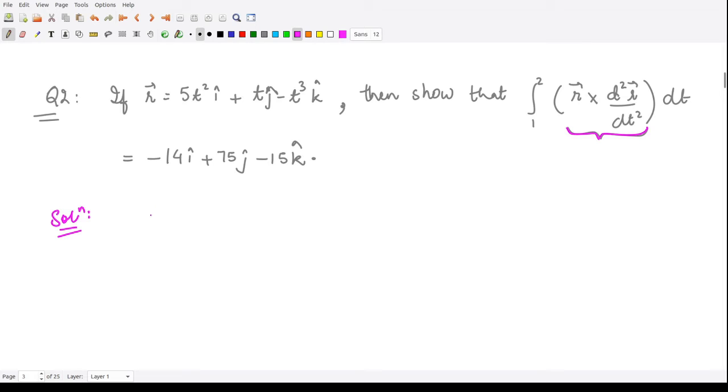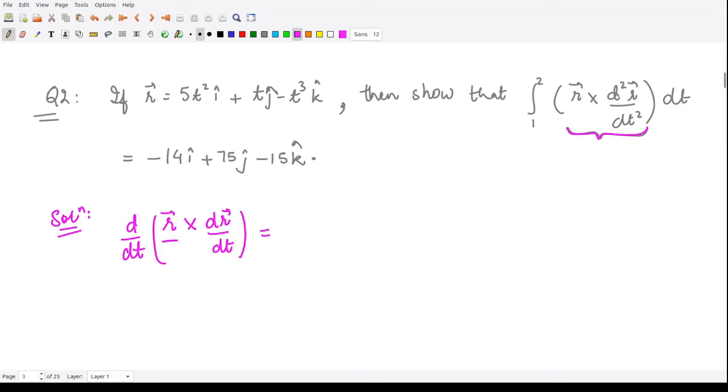So here, if you take the vector r cross with its derivative, now if you differentiate this quantity, what do you obtain?